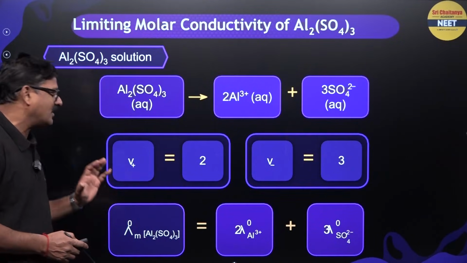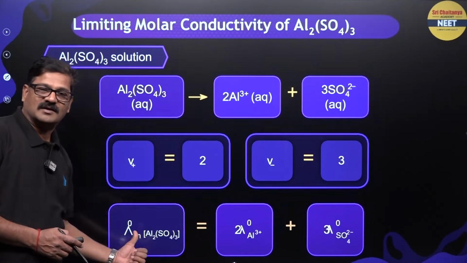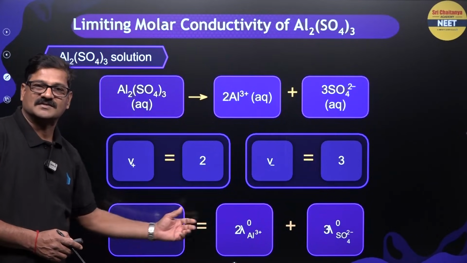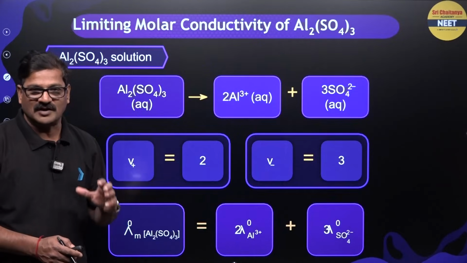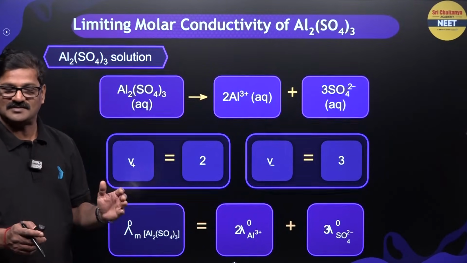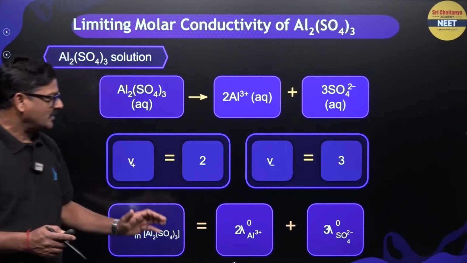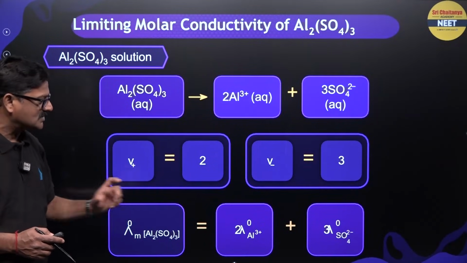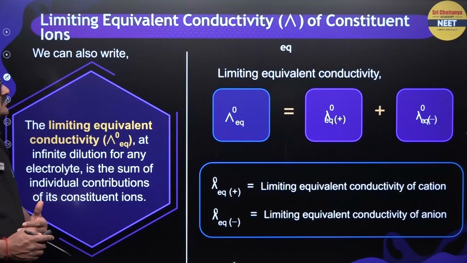So the total value is going to be 6, so that the molar conductance of Al2(SO4)3 is going to be the ionic mobility of Al3+ into 2 plus the ionic mobility of sulfate into 3. It is going to be a very useful formula that you can use to solve questions based on this.